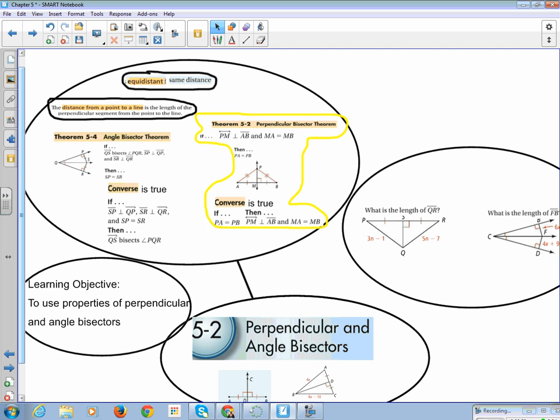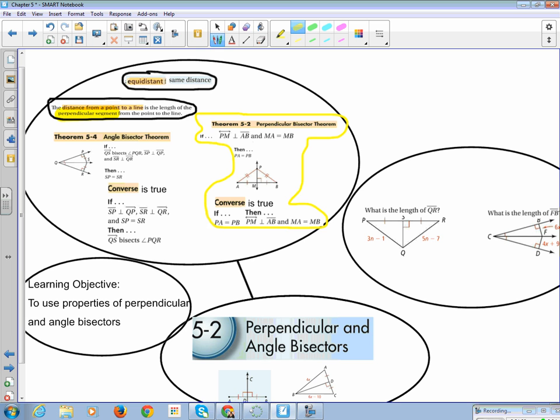And I definitely want to highlight that it's perpendicular. Since our learning objective is to use properties of perpendicular bisectors, when the word perpendicular comes up, we need to put a particular note of it.